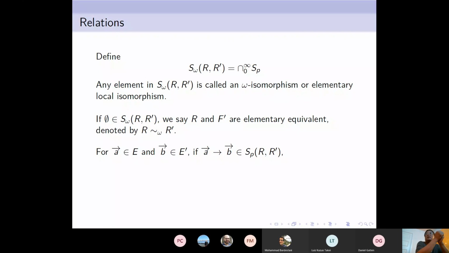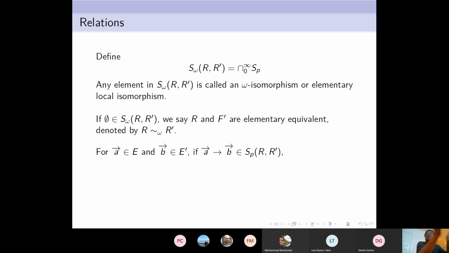Another important concept: if we have any tuple A coming from E, it should be E to the power n, where n is the arity of this vector. But here I just write E, meaning all the components come from E, and B in E prime.